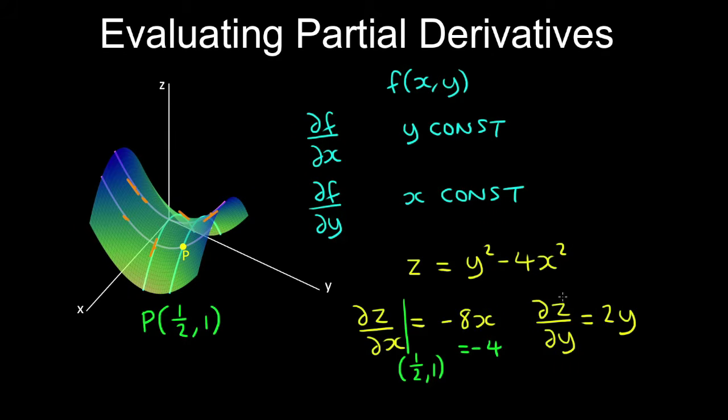And evaluating the partial of z with respect to y at the same point gives 2 times 1, which is 2. So in the x direction, the slope of the tangent to the curve is negative, as we can see, and in the y direction, the slope of the tangent to the curve is positive.